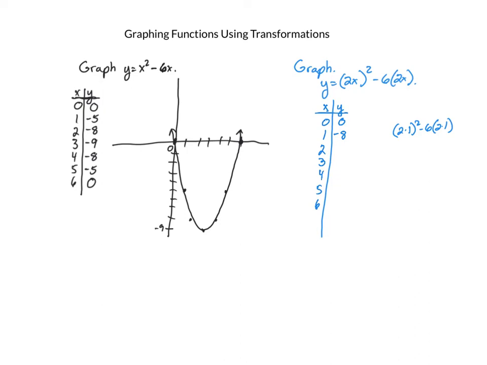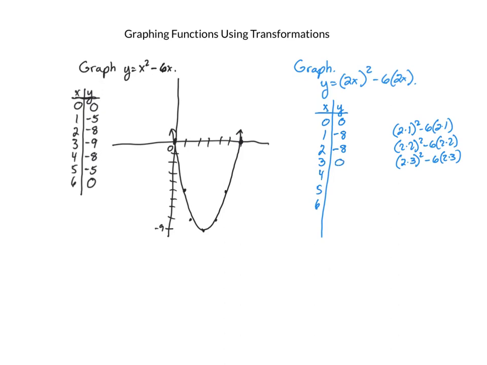If we substitute in 2, we'll have 16 minus 24, also negative 8. We substitute in 3, and we have 2 times 3 squared minus 6 times 2 times 3, and we have 36 minus 36, and we're at 0.